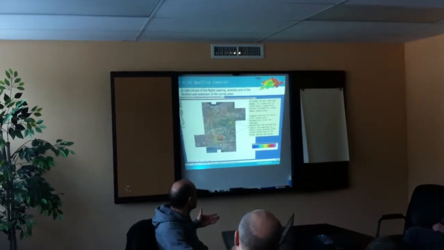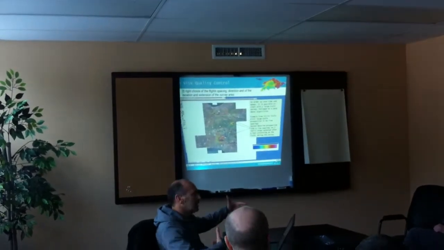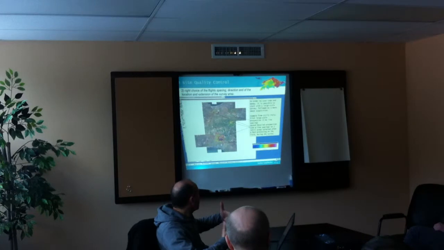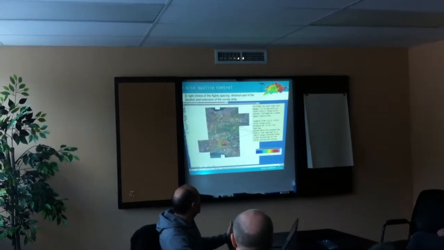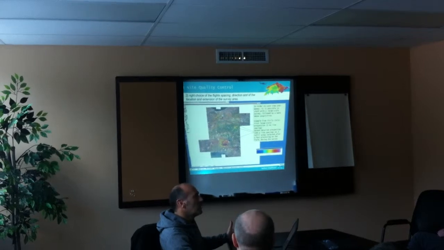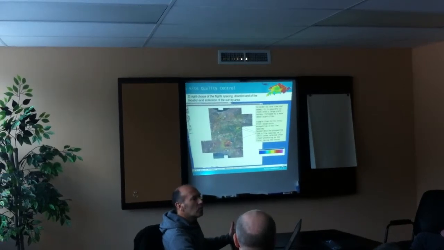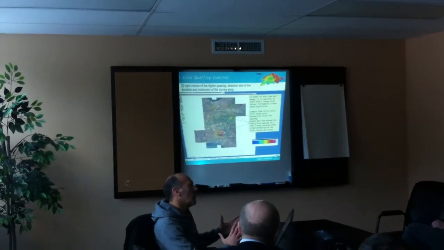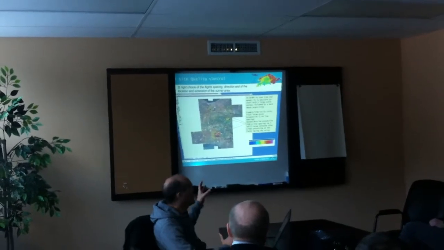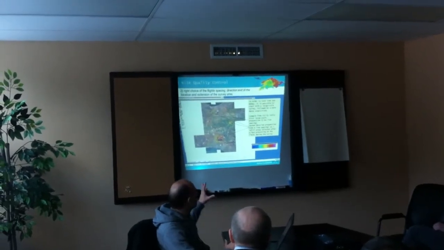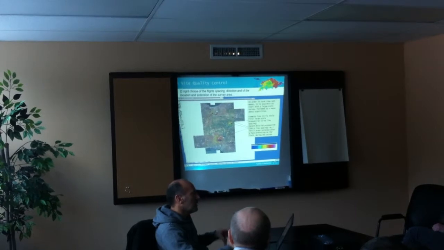We inverted the data and we decided where to locate 3 infill areas in which to fly with a narrow spacing, with 100 meter spacing. So it's very smart in order to save time and money.